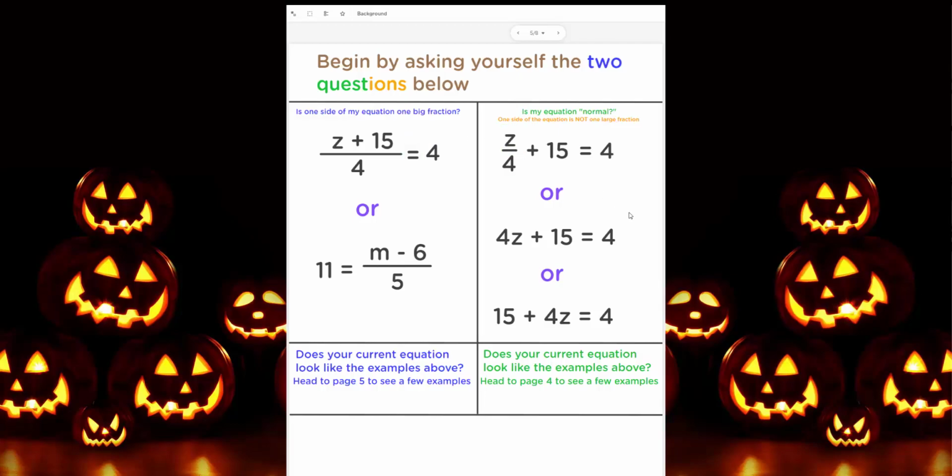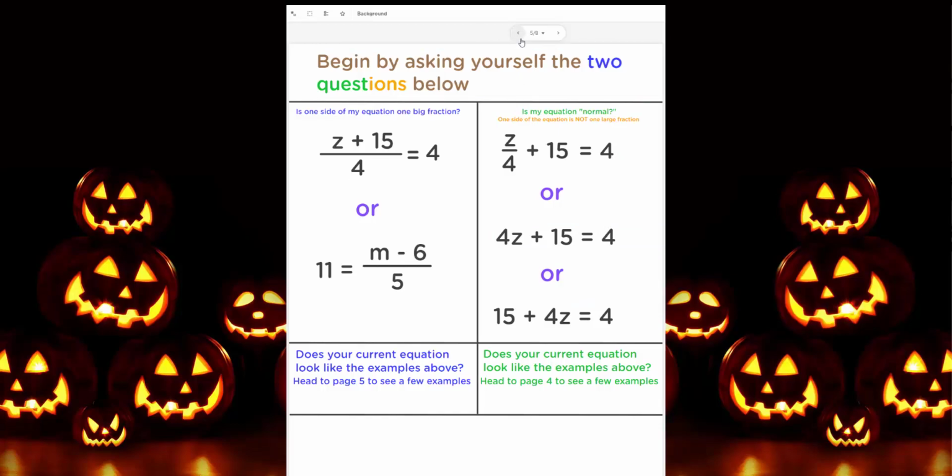The expressions that we solved in earlier lessons, where we were combining like terms and distributing and all of that good stuff, those were expressions and not equations because they did not have an equal sign. Whereas all of these equations that you see here, the reason that we call these equations is because they have equal signs in them.